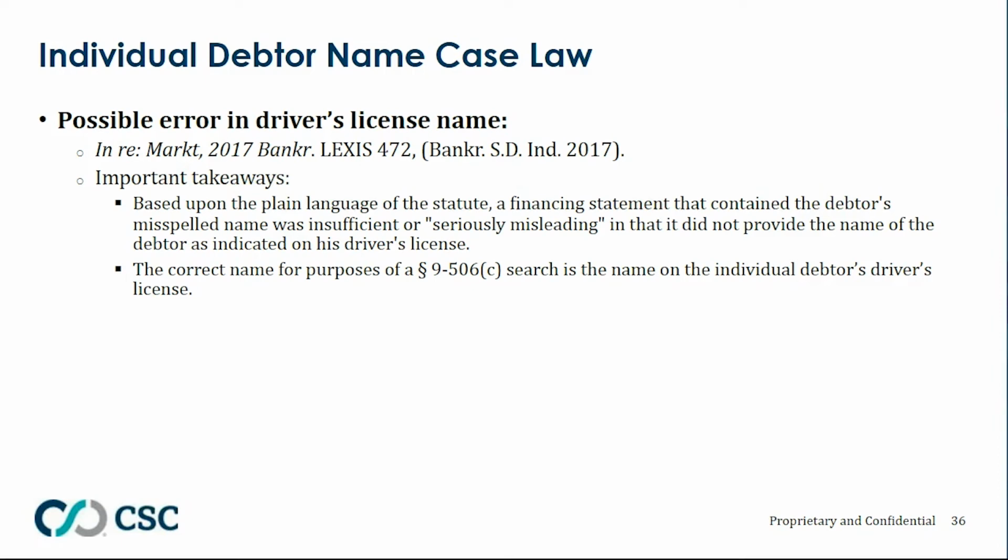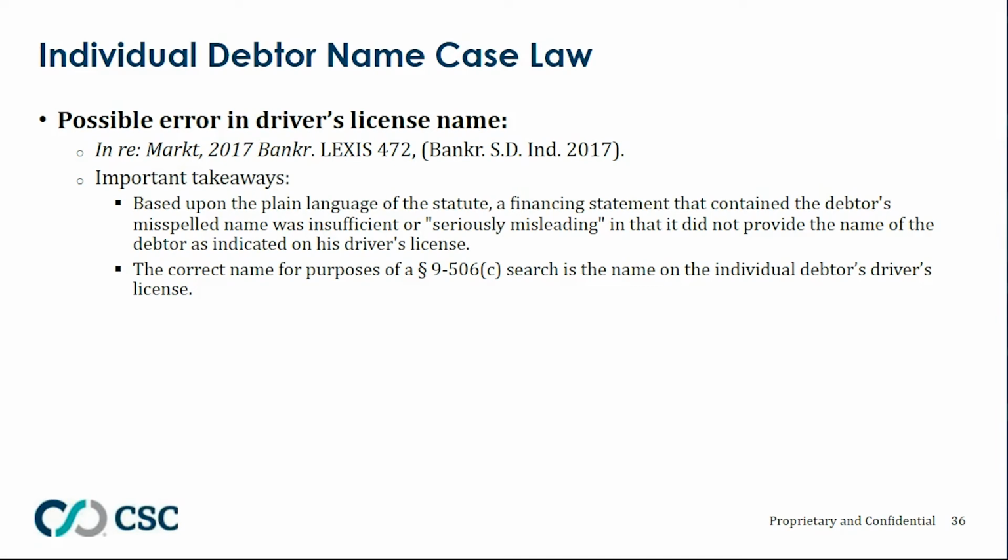And the court determined because it appeared on the driver's license, it was the name of the debtor, therefore the financing statement didn't provide the name of the debtor, and the omitted character prevented it from showing up on a 9-506(c) search. So remember, the correct name to do that 9-506(c) search is the name on the driver's license. And if it doesn't find the record without that character, it's going to be seriously misleading and not effective. I'll show you the example of that in a moment.